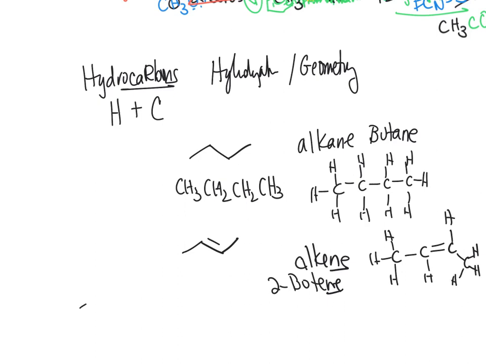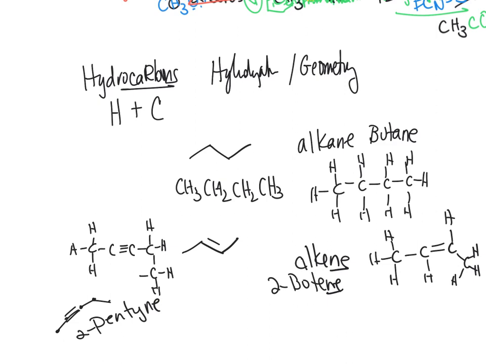And then we'll talk about this compound here, 1, 2, 3, 4, 5. We'll call this pentyne, YNE, and that's a 2-pentyne. That looks like this. Okay, and this is an alkyne.